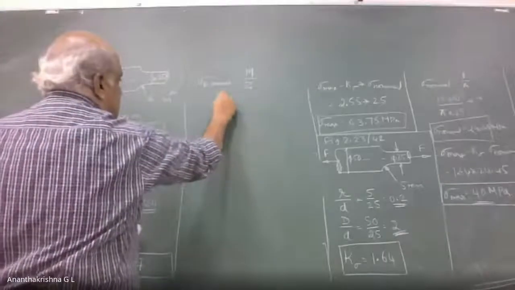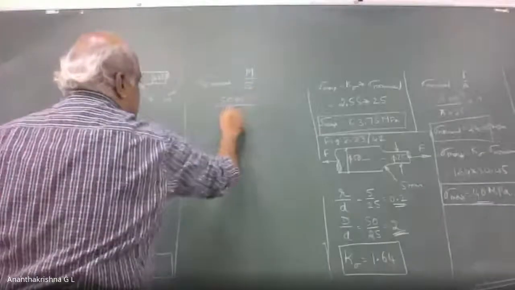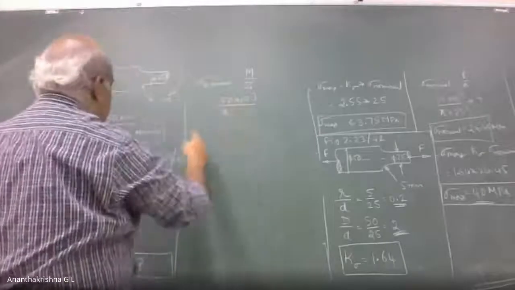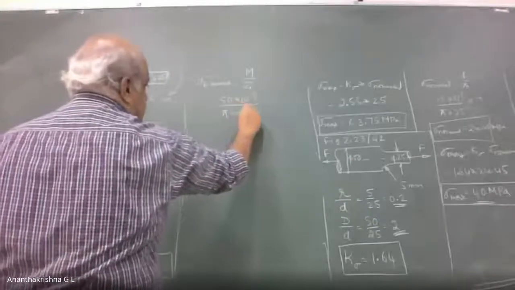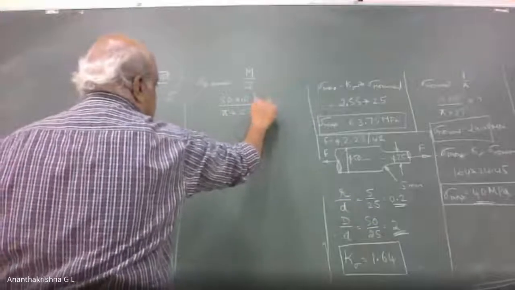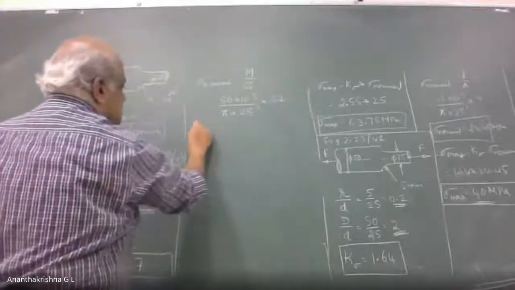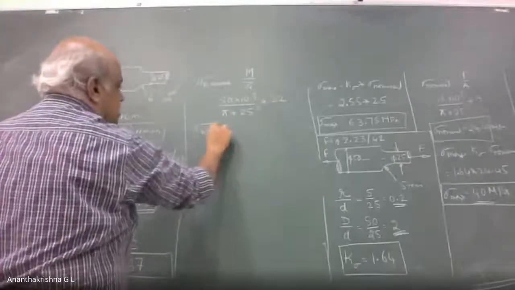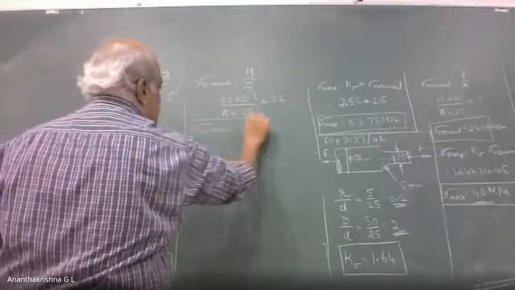That is equal to bending moment, 50 into 10 power 3 Newton millimeter, divided by pi d cube. Small d is what we need to use for safer design, so pi d cube by 32. That is the value of Z. So therefore, sigma bending nominal is equal to, give me this value.